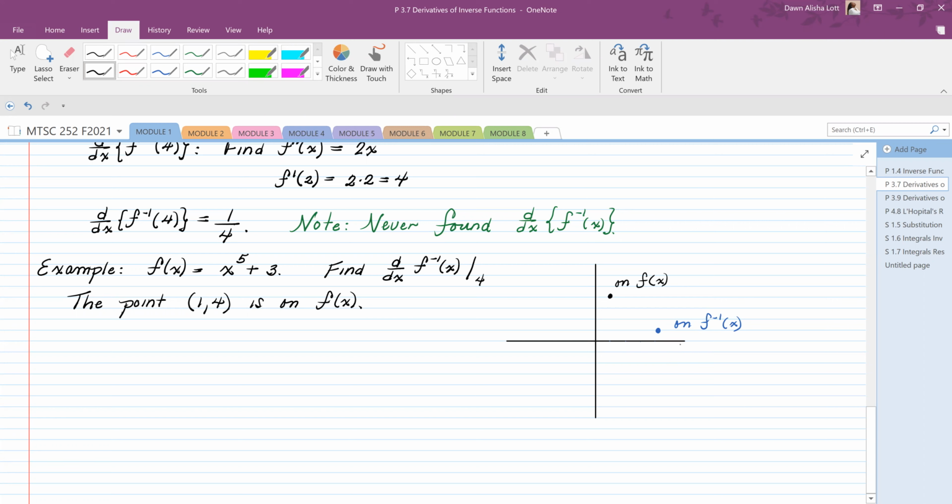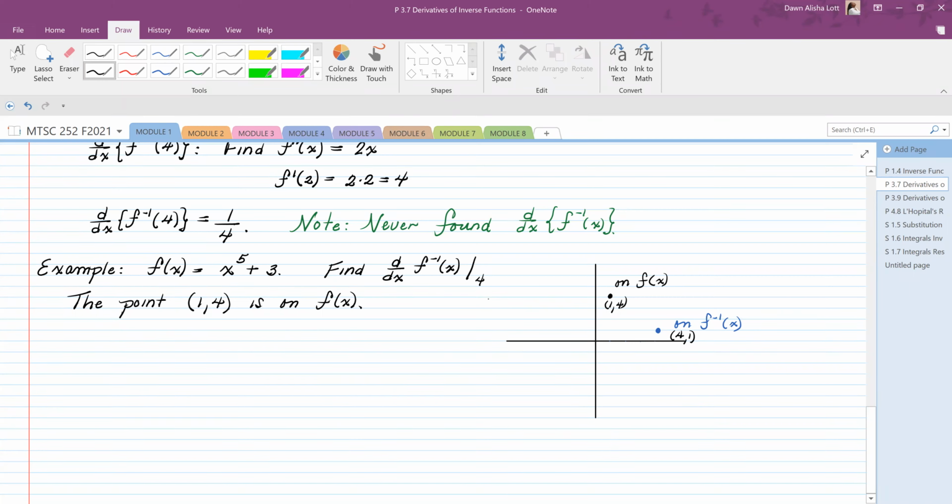And I'm asking you for the slope at this point, (4, 1). So if I'm asking you for the derivative of f inverse of x at 4, I'm asking you for the slope over here. So I'm looking for the slope of the inverse function at 4.